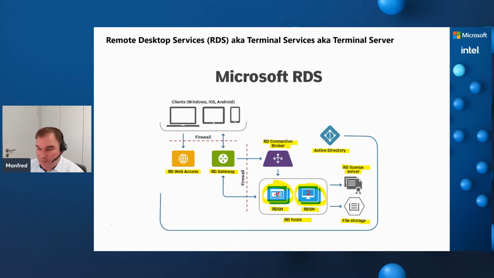It can also be a hybrid deployment. What we here see is the minimum configuration requirement. For sure, this can also be a hybrid scenario. Clients can be Windows, iOS, Android, Mac OS. So every client that provides RDS or RDP compatibility can be used here.